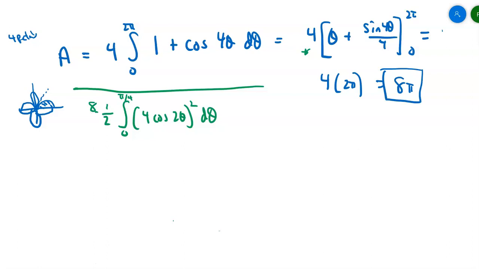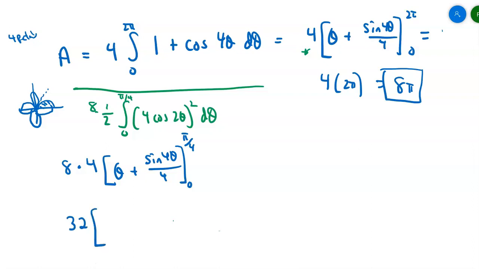So I'll take that thing that's in blue over there, except this time, instead of going from 0 to 2 pi, I'm going to set my limits of integration at 0 to pi over 4, and I'm going to take that answer and multiply it by 8, because there's 8 of those little half leaves, I guess, for lack of a better thing to call them. So this gives me 32.